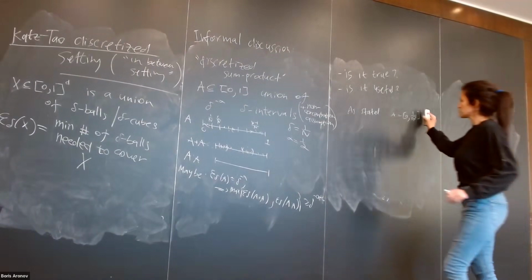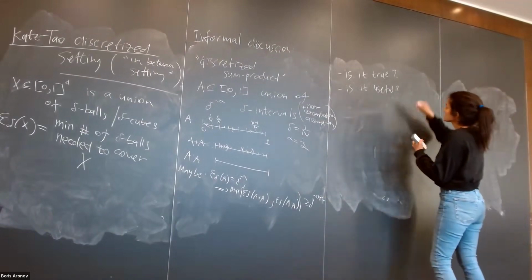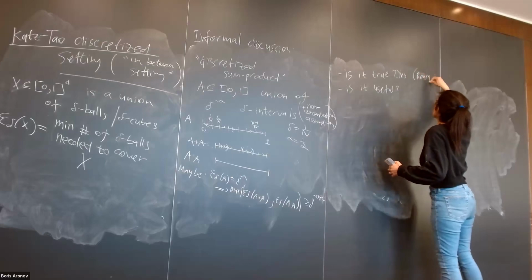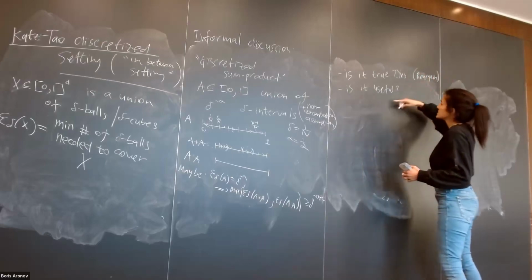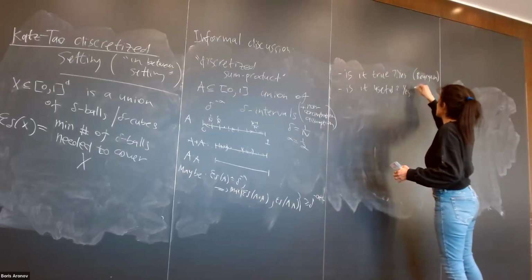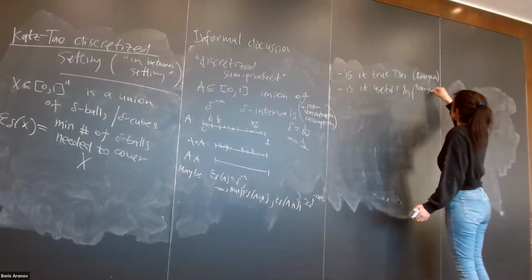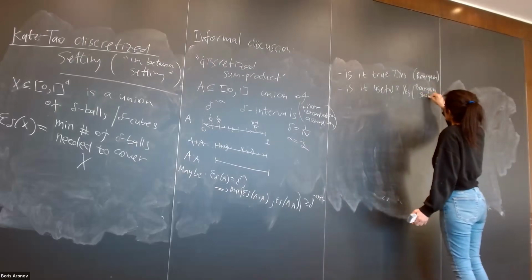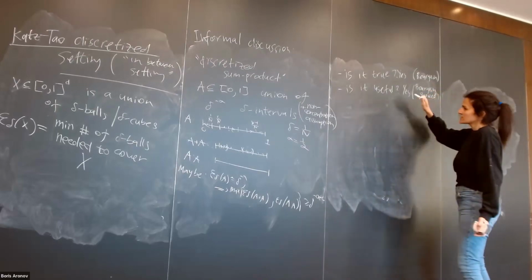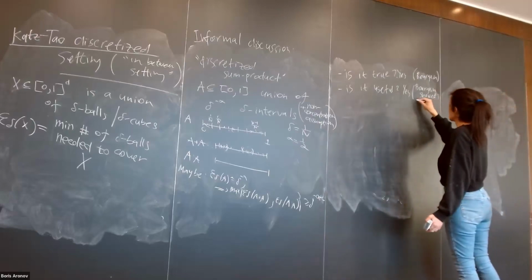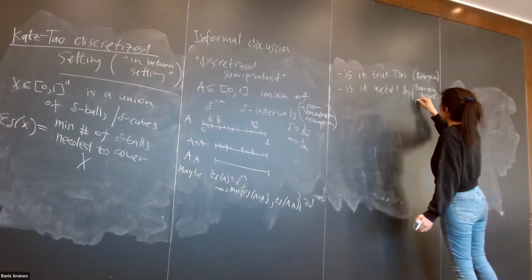So with the additional assumptions, is it true? Yes. And is it useful? Yes. So Katz and Tao said that they think it will imply the ring conjecture, and Bourgain proved this. So this is right.